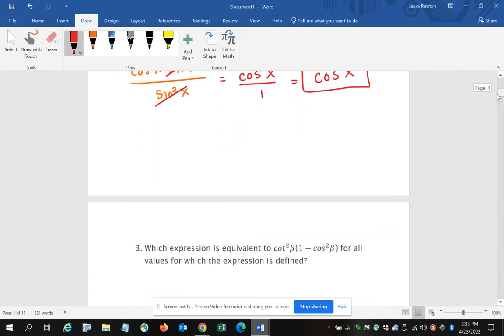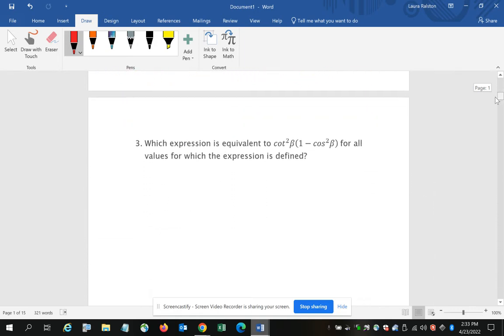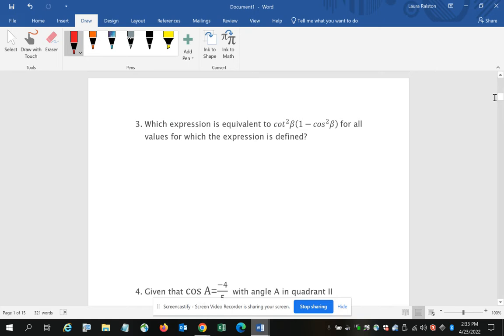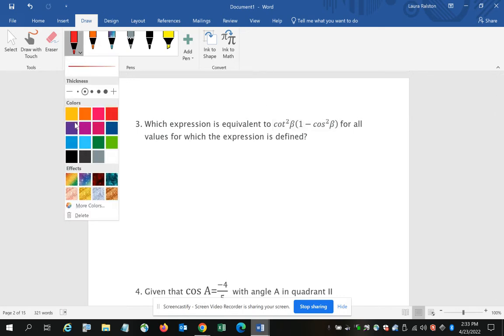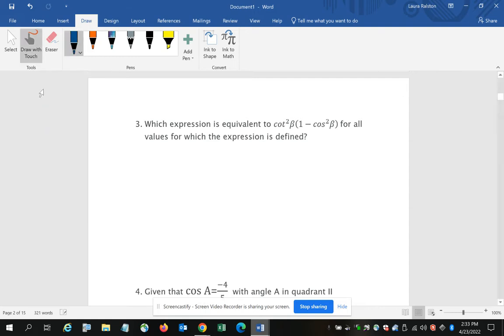All right, moving on to number 3. It says, which expression is equivalent to cotangent squared beta times 1 minus cosine squared beta. There are always different ways to solve these problems. Sometimes it's a matter of what pops into your head first.